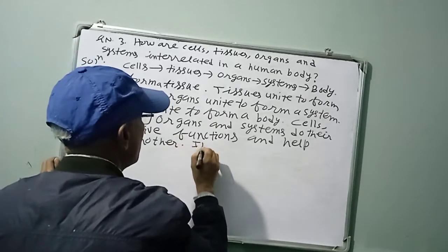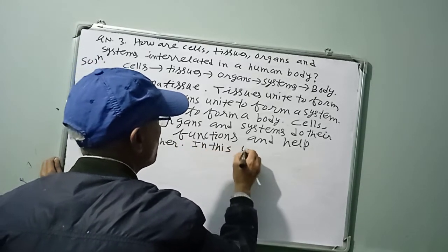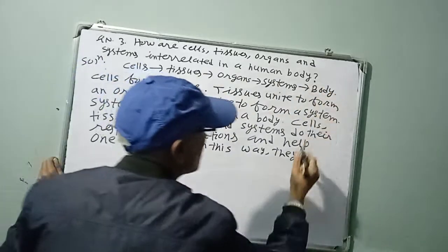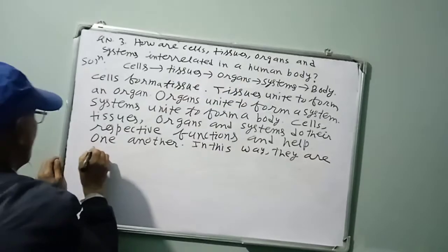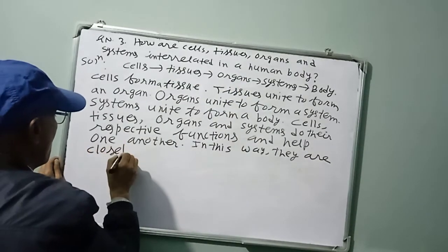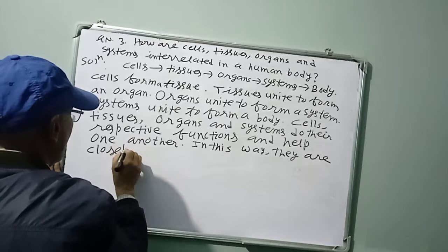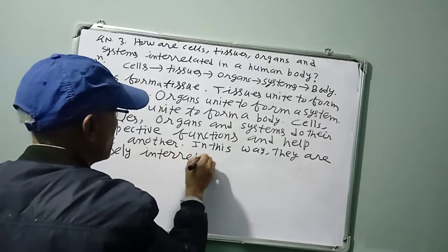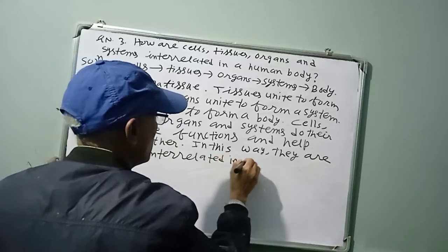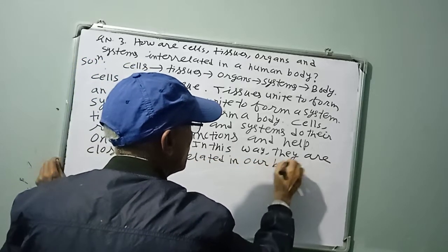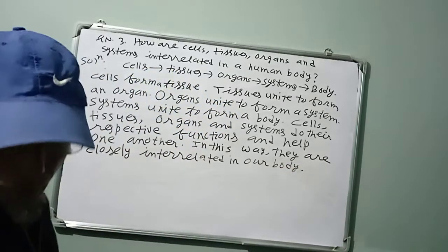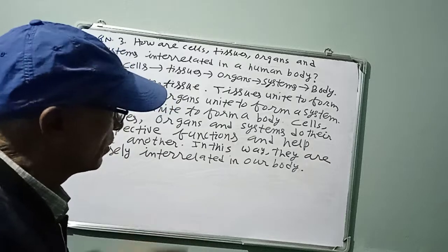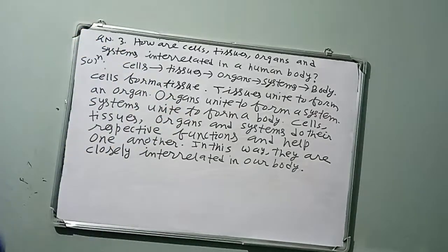In this way, they, means all of them, are closely interrelated in our body. It means if one of the organs or system fails, it becomes very difficult.